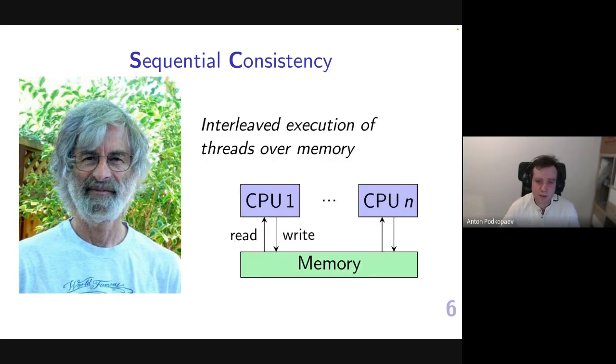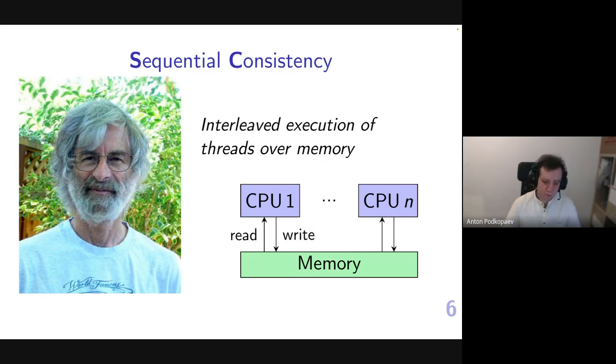In this memory model, in this concurrent semantics, all individual behaviors of a concurrent program can be explained as some interleaving execution of threads over a single memory.